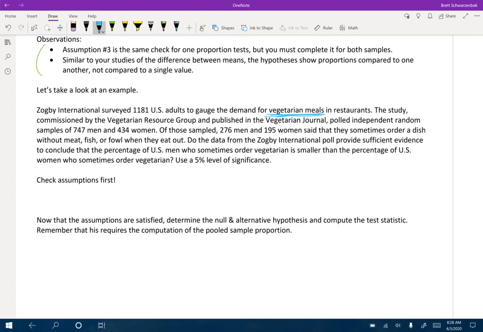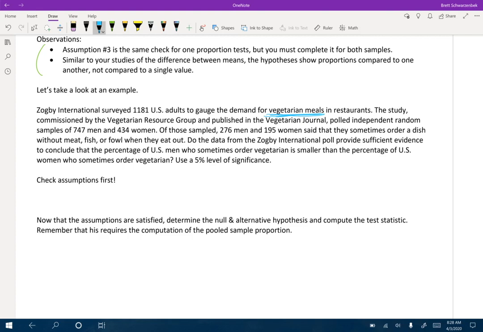Of those sampled, 276 and 195 men and women said they sometimes order a dish without meat, fish, or fowl when they eat out. Do the data from this poll provide sufficient evidence to conclude the percentage of U.S. men who sometimes order vegetarian is smaller than the percentage of U.S. women who sometimes order vegetarian?